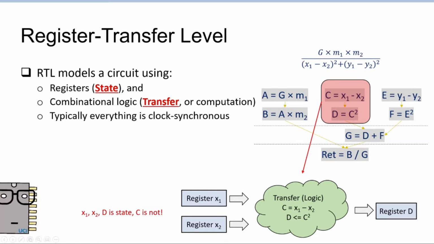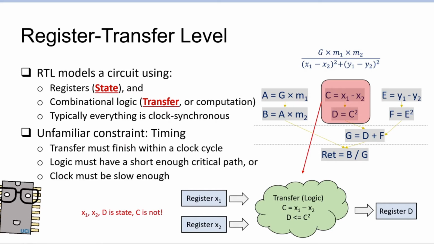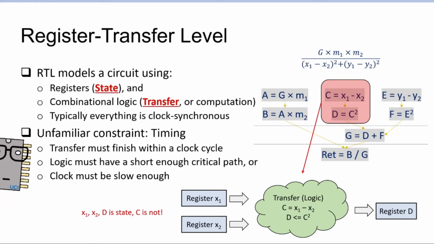Right. And here what happens is that because everything happens in a clock synchronous manner, and we all have to be explicitly aware of clocks and what happens at each clock cycle, this introduces, I think, the biggest hurdle in programmability for doing hardware design, even for FPGAs, which is the unfamiliar constraint of timing.